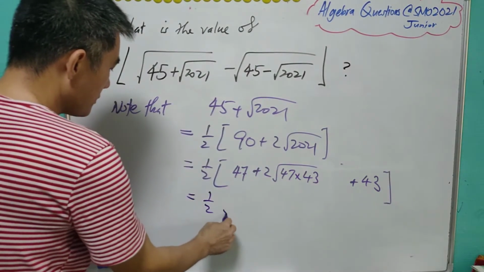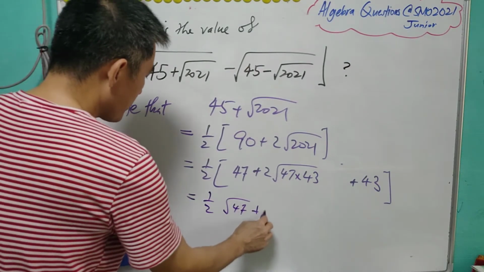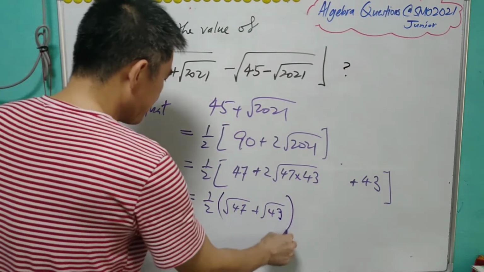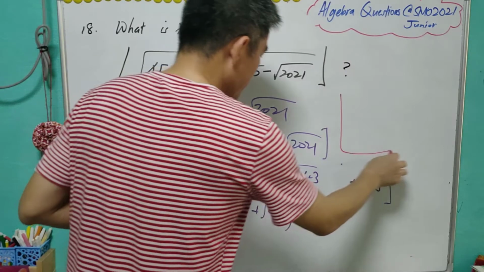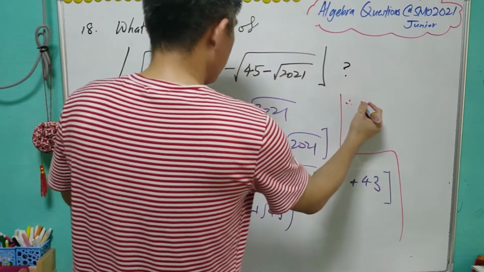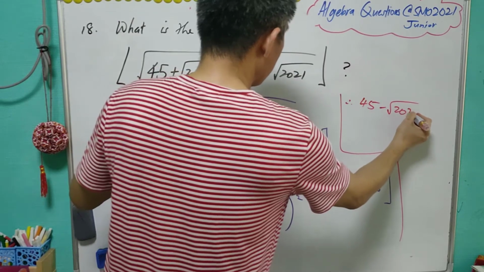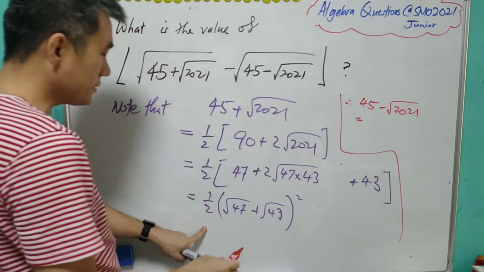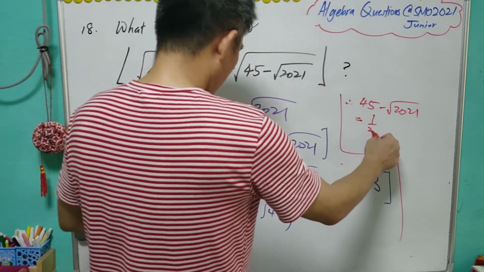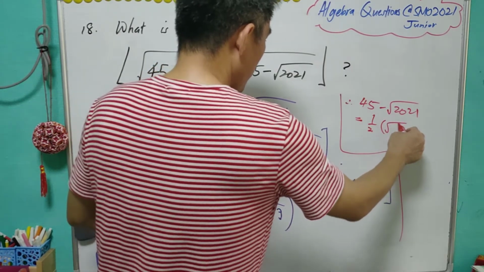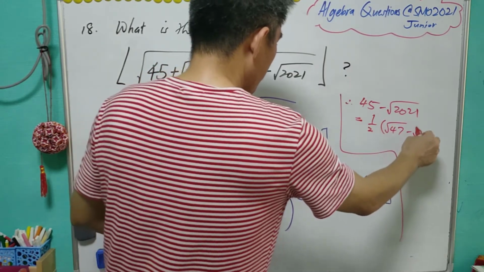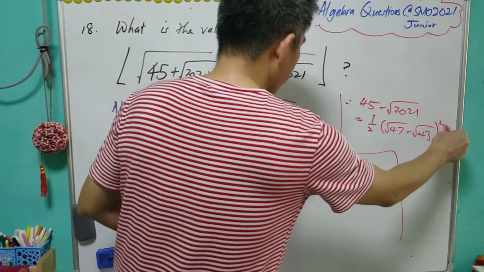So this means that this is half of the square of the square root of 47 plus the square root of 43. Likewise, 45 minus the square root of 2021 will be quite similar, and it is equal to half of the square of the square root of 47 minus the square root of 43.